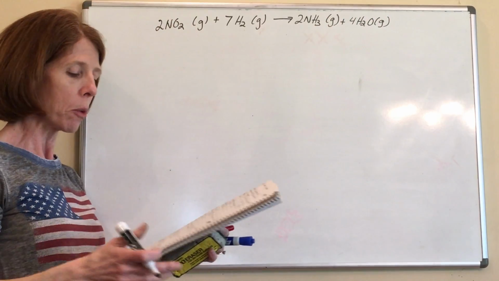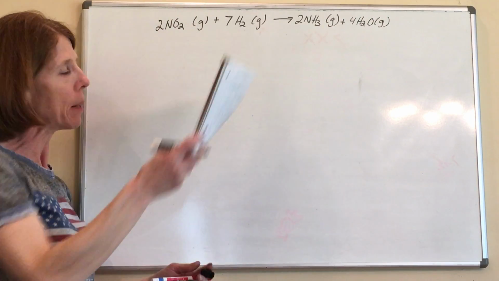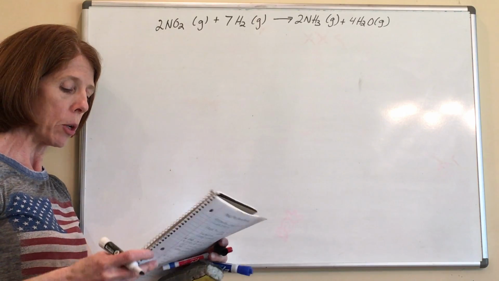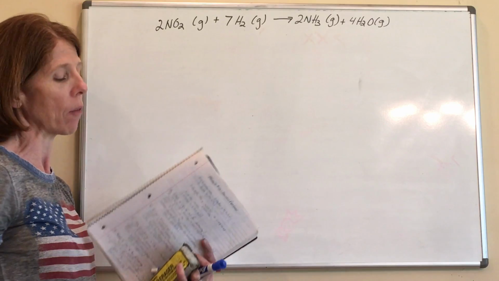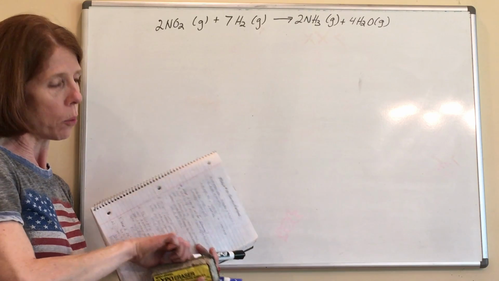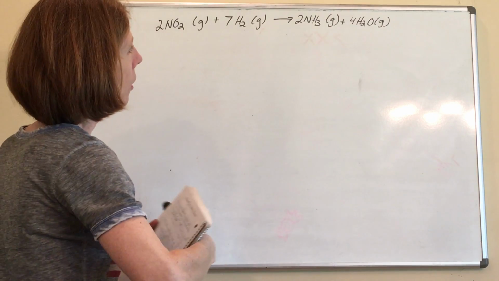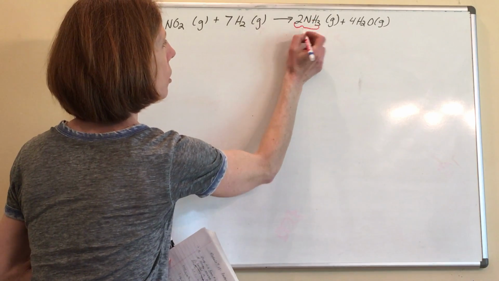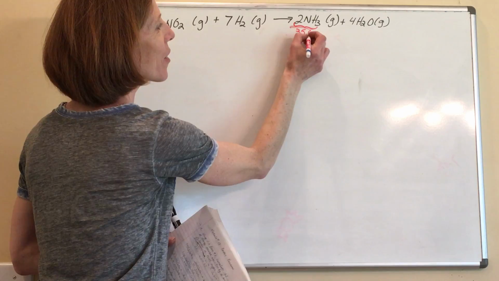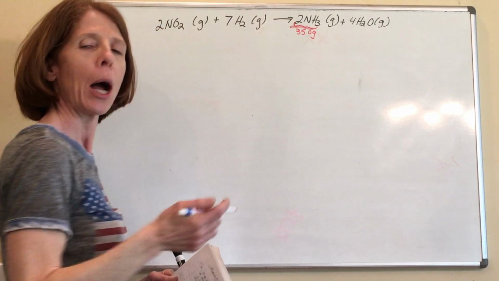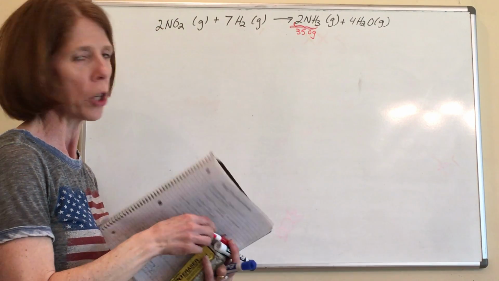Now, here's what the problem asks. How much energy will be released if 35 grams of ammonia are formed? If I produce 35 grams of ammonia, how much energy is associated with that?